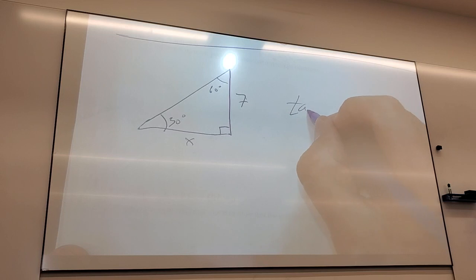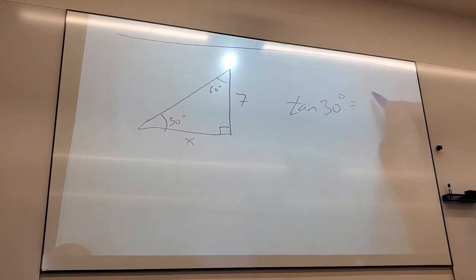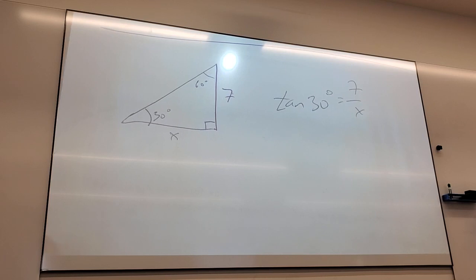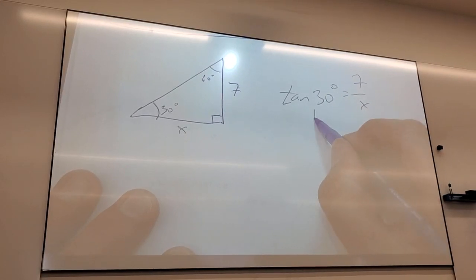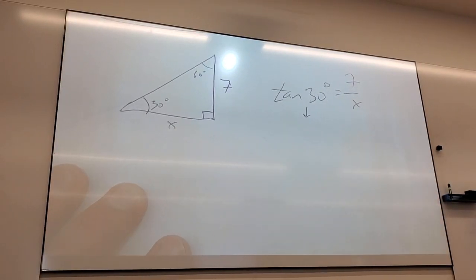Which trig function relates these two? Tangent. So tangent of 30 equals 7 over x. Can you solve that for x? So let me do this. 30 degrees is an angle you're supposed to know.